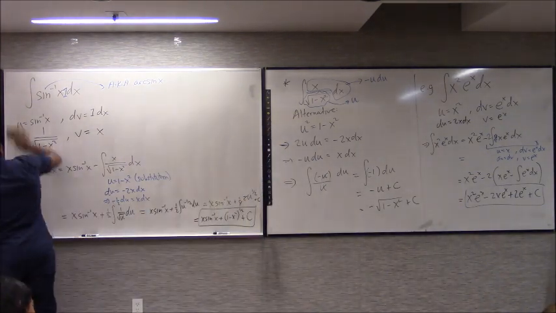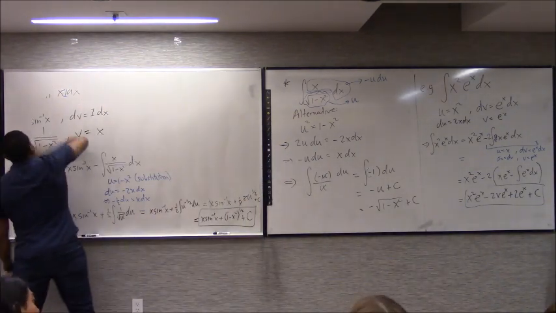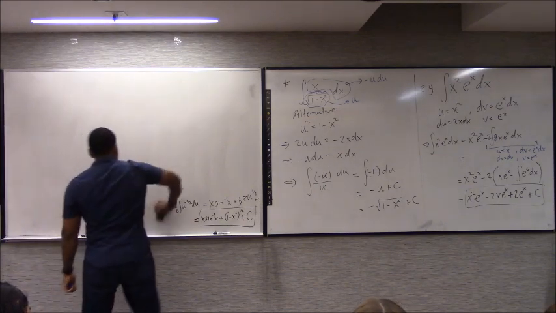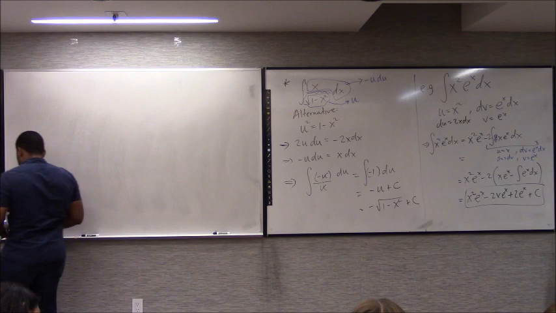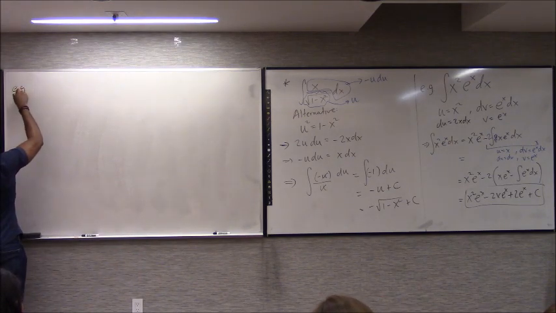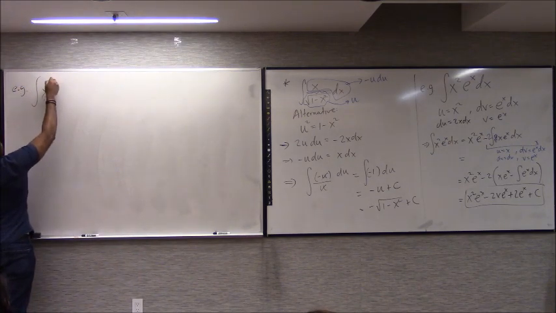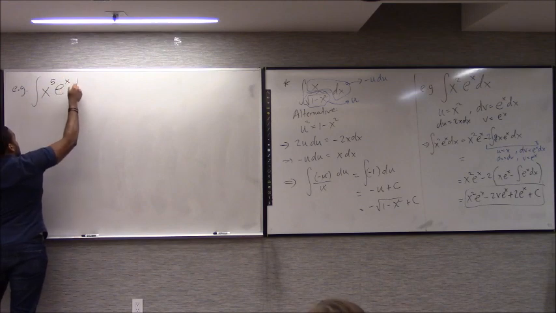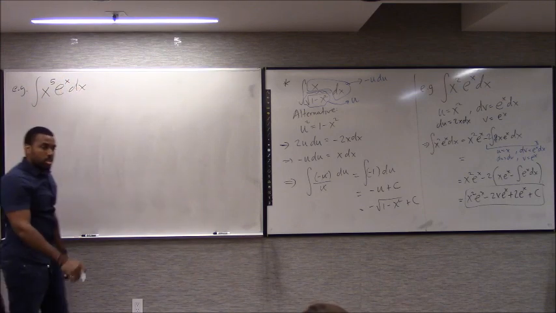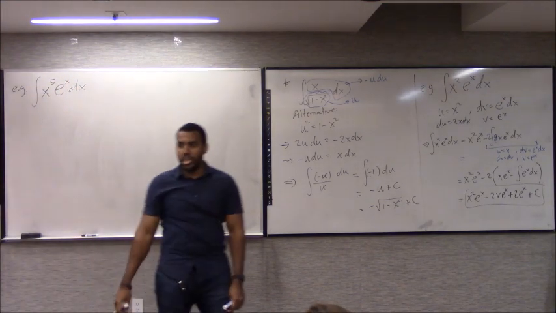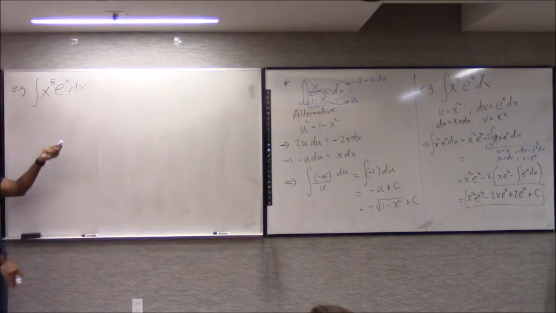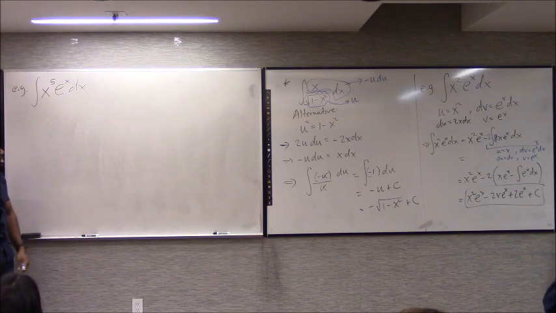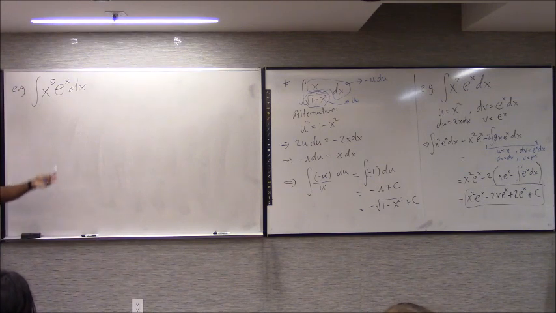Okay, what about this example? How do you think that one's going to play out? Keep repeating it, right? You're going to do integration by parts, break it down to an x to the 4th e to the x, do it again, x cubed e to the x, do it again.